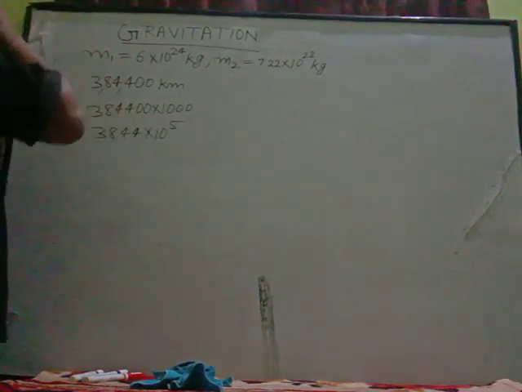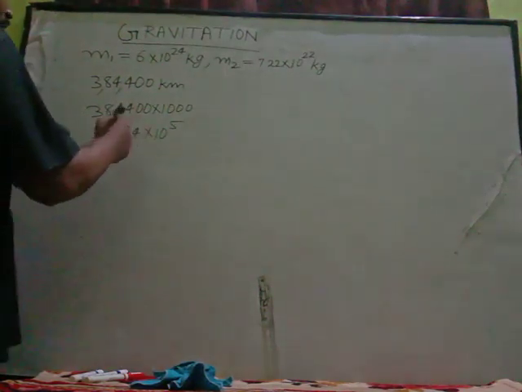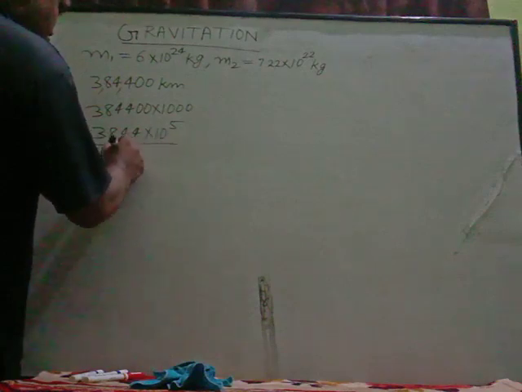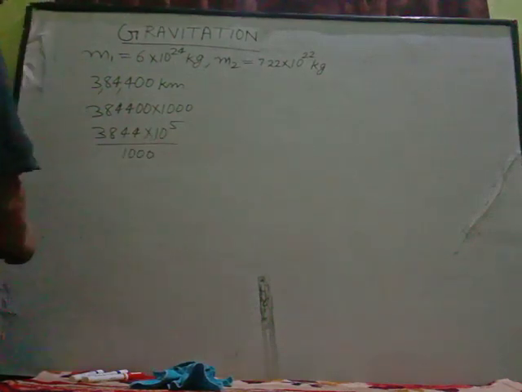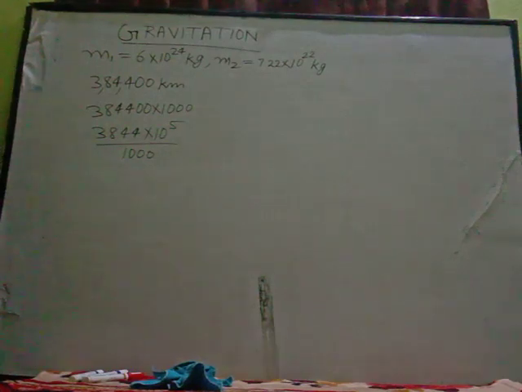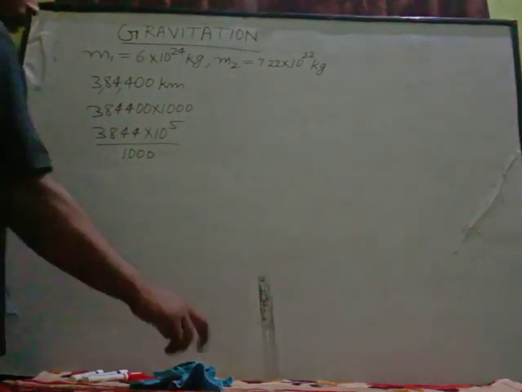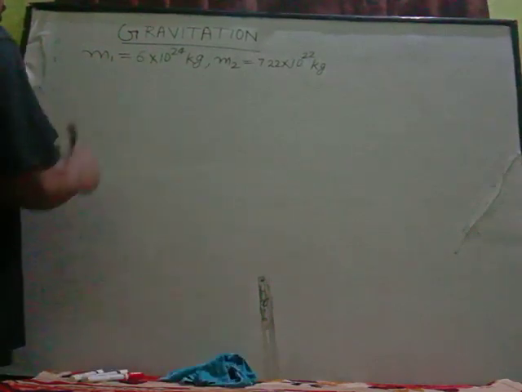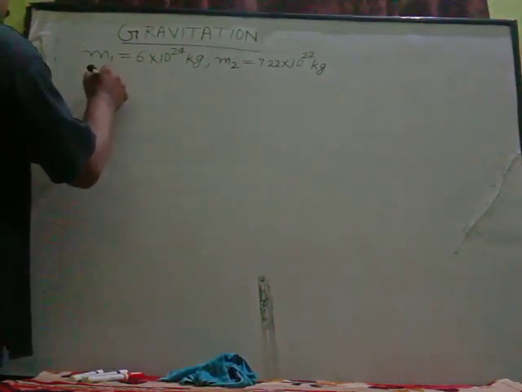Then after, what will you do? Convert it into scientific notation, so you divide it with 1000. फिर से मैंने 400 किलोमीटर लिख दिया था यहाँ पर. 3,84,000 किलोमीटर.